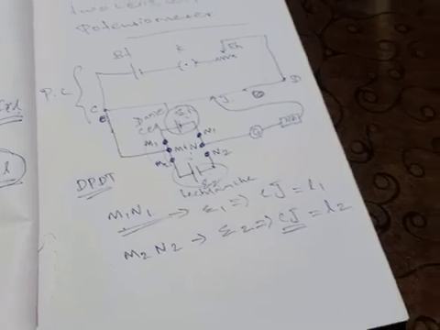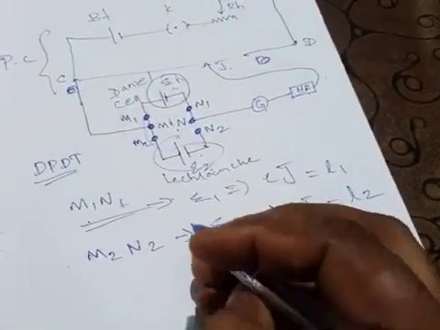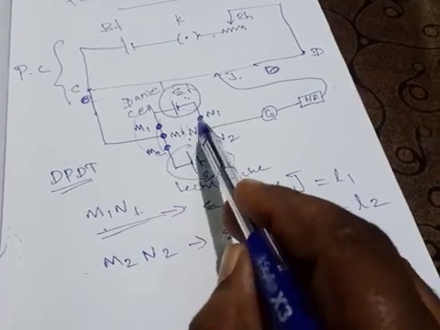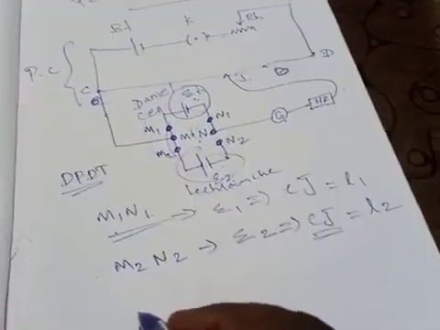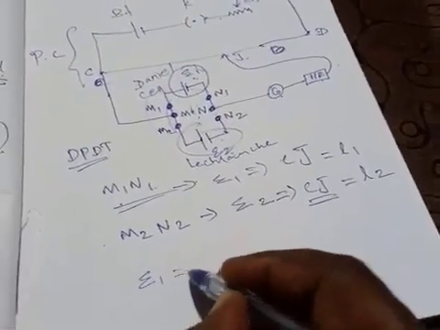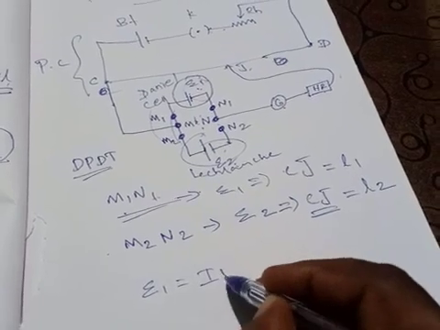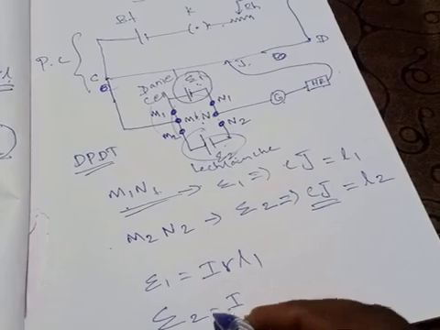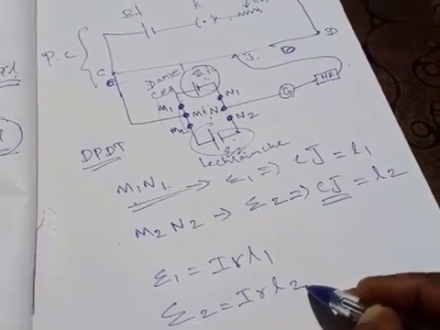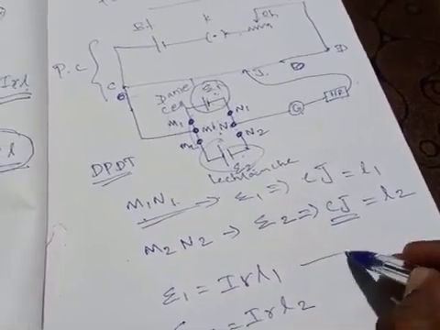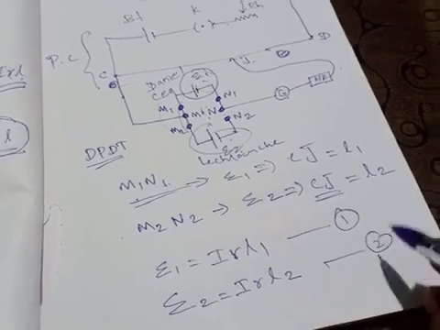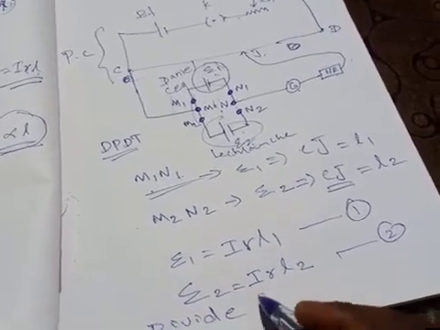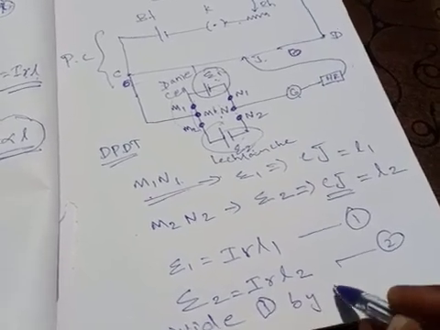From this we know that, if R is the resistance per unit length and I is the current flowing through the wire, then EMF 1 is IRL1 and EMF 2 is IRL2. Take this as equation 1 and this as equation 2, and divide 1 by 2.